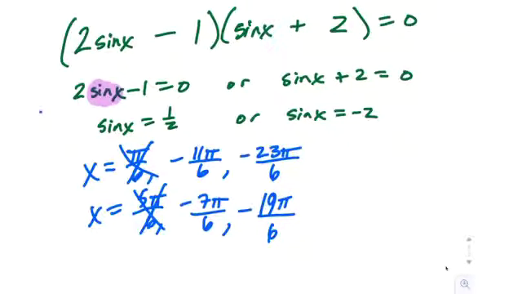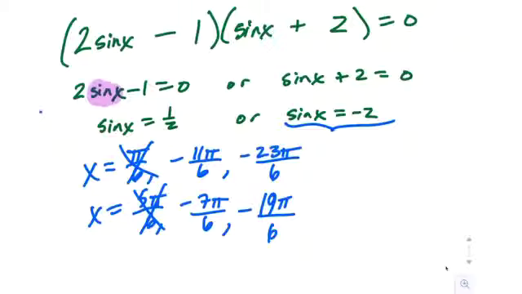All right, and now the last one over here, we still have the second branch to go down. Where does sine of x equal negative 2? For what angle x does sine equal negative 2? Let's see.